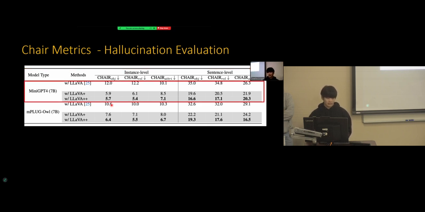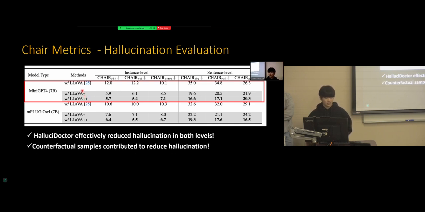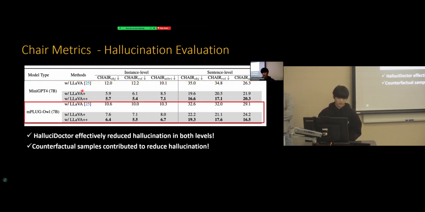Using the whole LLaVA dataset generates a lot more hallucination than using LLaVA+, which means HalluciDoctor effectively reduces the hallucination in both levels, I mean instance level and the sentence level. Also, you can see LLaVA++ performance is better than LLaVA+, which means counterfactual samples contribute to reducing the hallucination well. And also, you can see a similar trend with the mPLUG-Owl result and MiniGPT-4.